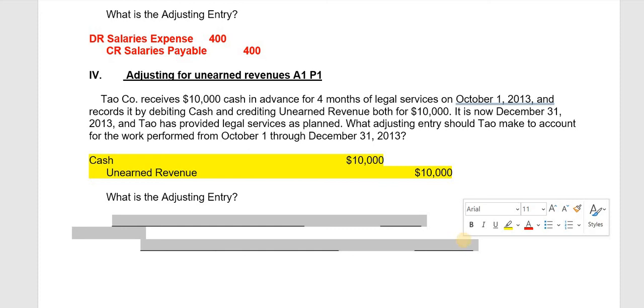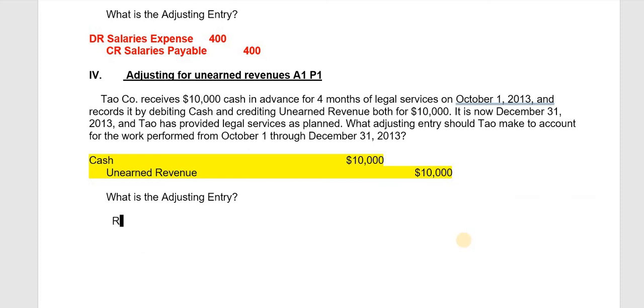So we're going to debit unearned revenue for 3 months worth, October, November, December. It's $10,000 for 4 months. That's $2,500 a month. So 3 of them will be $7,500.